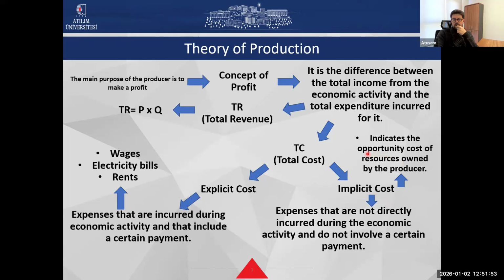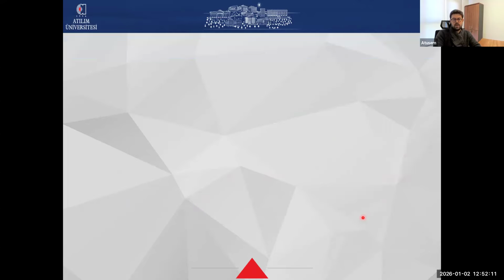That shows the opportunity cost of resources owned by the producer. So total cost is divided into two, explicit and implicit. Explicit includes economic activity. Implicit focuses on the opportunity cost concept.